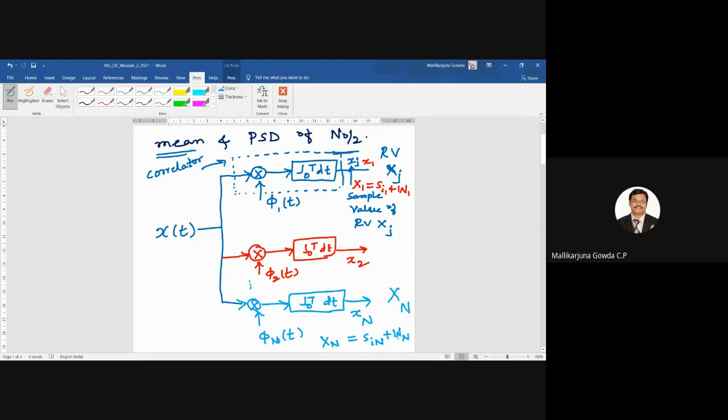Is this fine? I hope you have understood this diagram. It is just an analyzer, where x of t is my received signal.